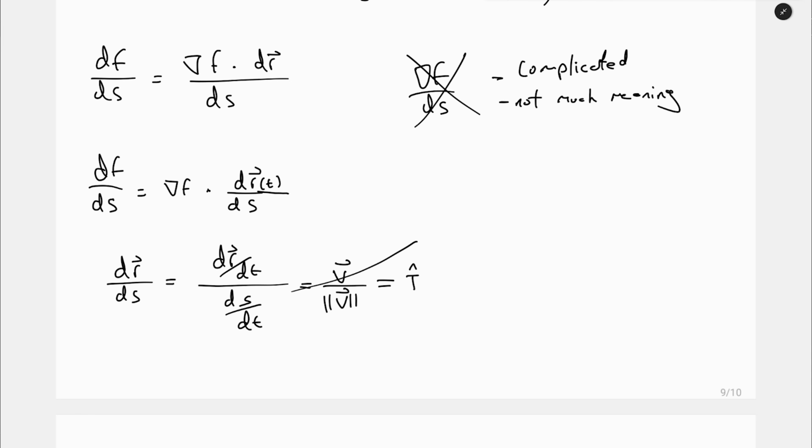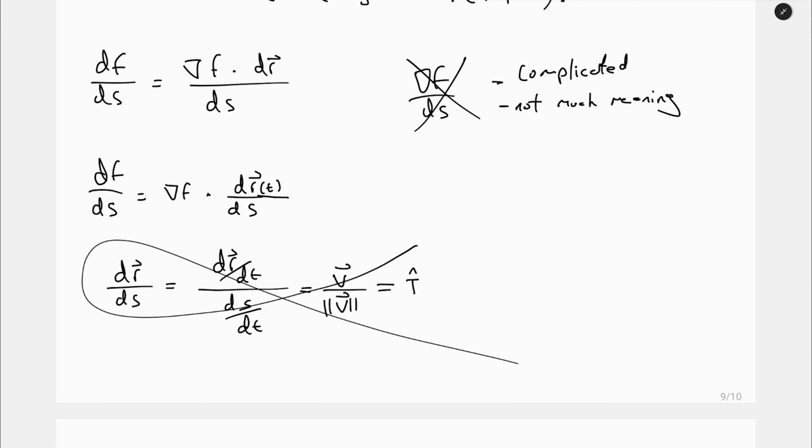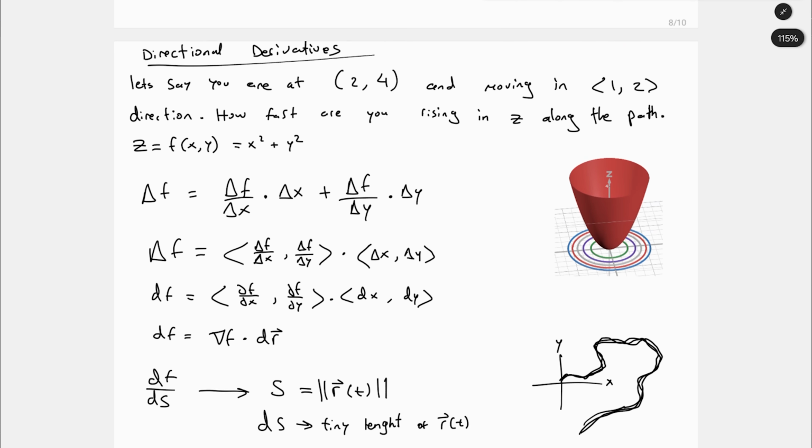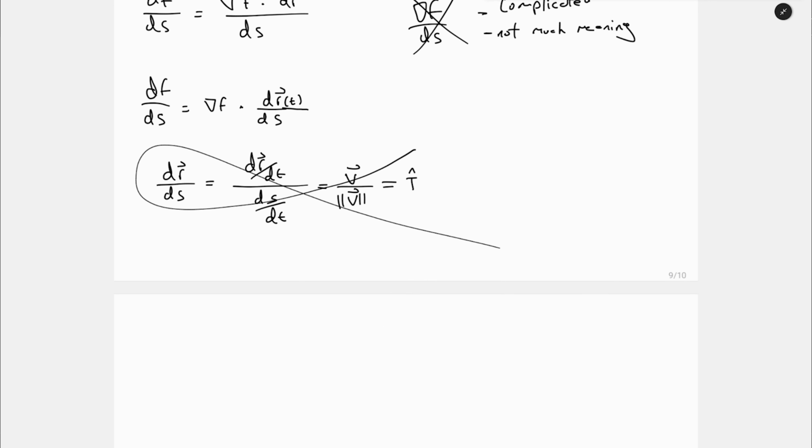But we don't need that idea right now. We are given that information in the question. We are saying we are moving in this direction at the instant when we are here. So we don't need any of this.